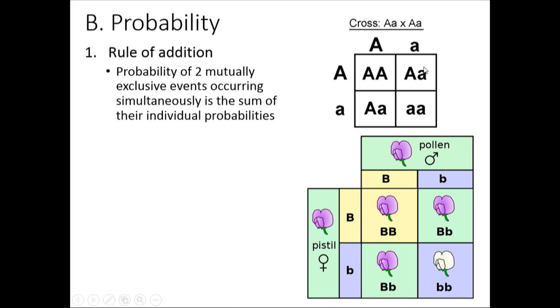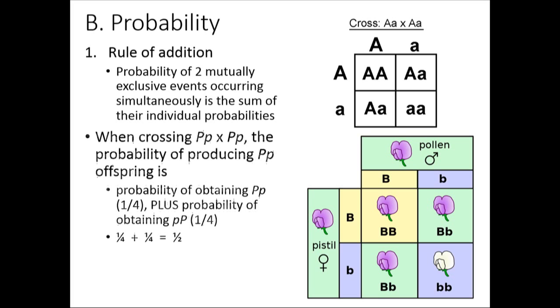Okay, so if you want to determine the probability of getting one allele over the other, there are two rules. You have the rule of addition, which is if you have two mutually exclusive events occurring simultaneously, then that's the sum of the probabilities. So when you're crossing heterozygote purple plants, the probability of producing another heterozygote is the probability of obtaining one Pp plus the probability of obtaining another pP.